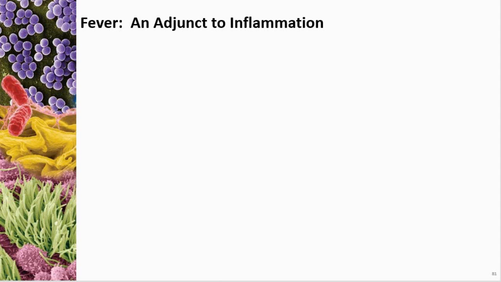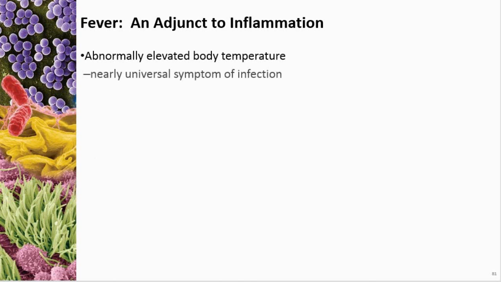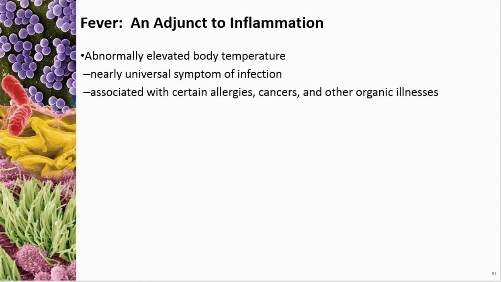So along with inflammation, a lot of times people have fever, or even aside from inflammation. And a fever is elevated body temperature above normal. So pretty much happens with all infection to some degree. It, however, can also be associated with some allergies, cancers, and some other organic illnesses.